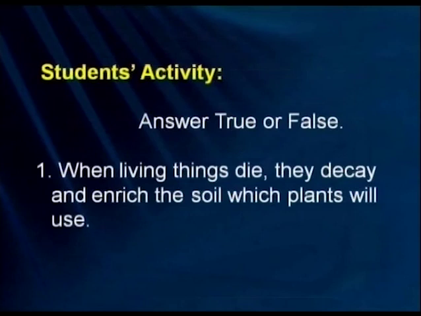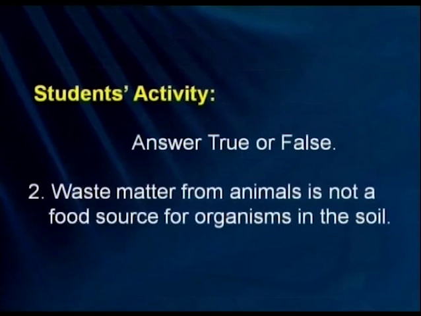Number 2. We have to write faster, okay?